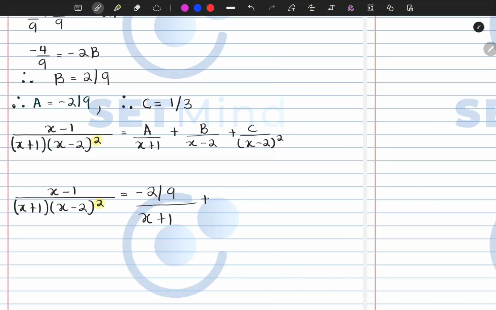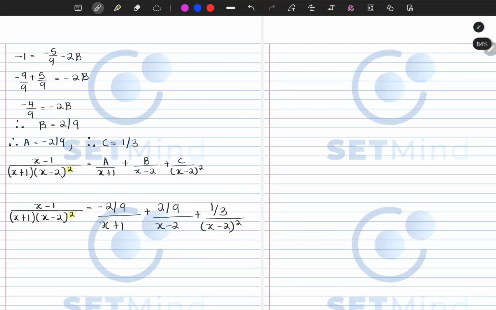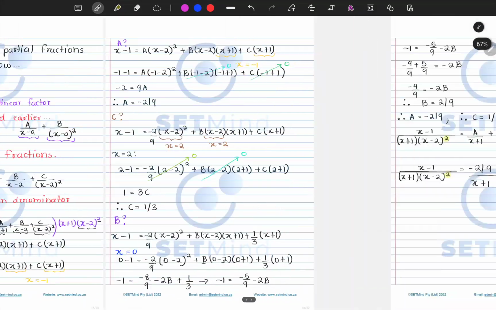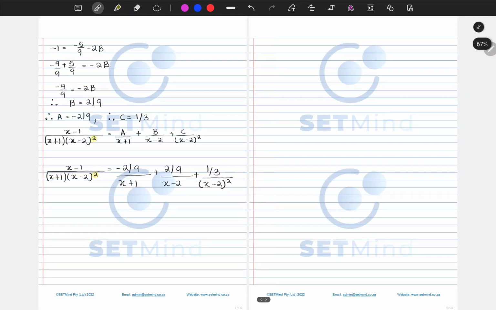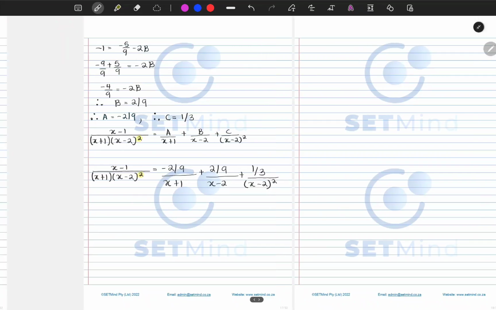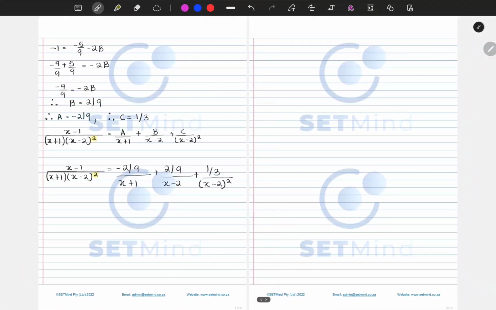And then plus our b is 2 over 9, and this will divide x minus 2, plus our c is 1 over 3, and this will divide x minus 2 all squared. So if you see any mistake, please feel free to rectify it. This brings us to the end of example number 6.